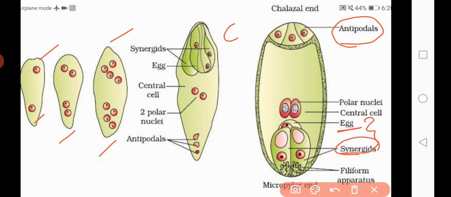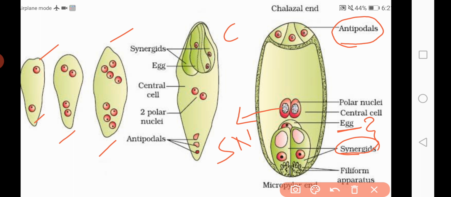Am I clear? The remaining 2 nuclei are located in the center and form the secondary nucleus. This secondary nucleus has 2 polar nuclei and is always diploid in nature. Understood? So at maturity, the embryo sac contains 7 cells and 8 nuclei, and it is called a 7-celled 8 nucleate embryo sac.